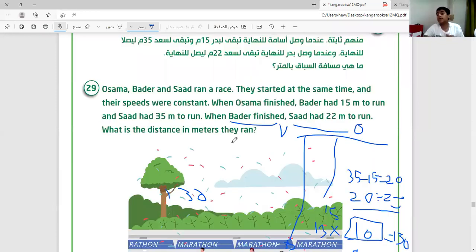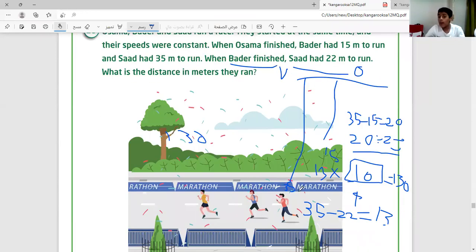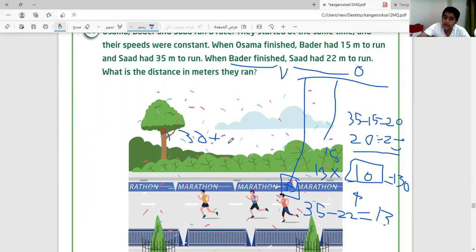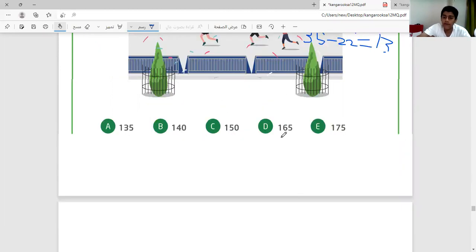No, it is not the last answer, because remember, we started to count his speed when he was at 35. So we should add 35 here until he reached. So we'll have 165 meters. So his question is how many meters is the distance they run, which is 165 meters.